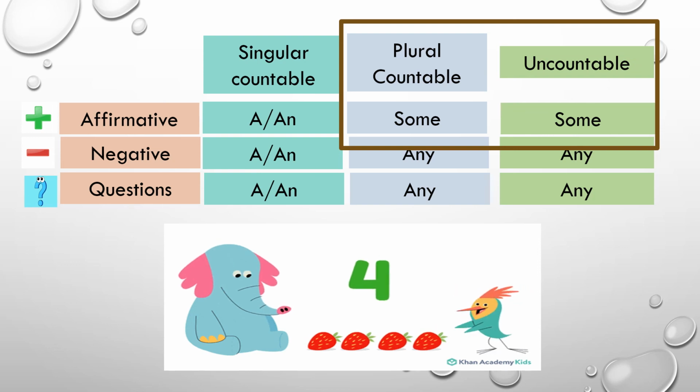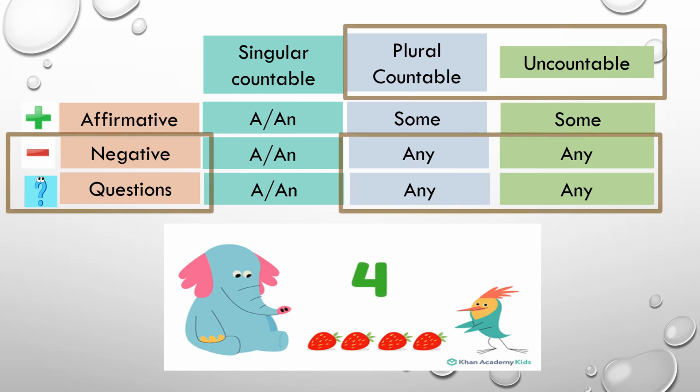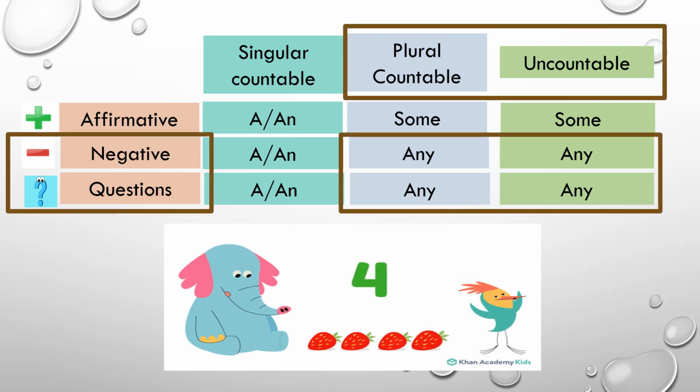Dalam ayat penyata, kita gunakan some untuk plural countable dan juga uncountable noun. In negative sentences and questions, we use any with plural countable nouns and uncountable nouns. Dalam ayat penafian atau ayat negatif dan soalan, kita gunakan any untuk plural countable nouns dan uncountable nouns.